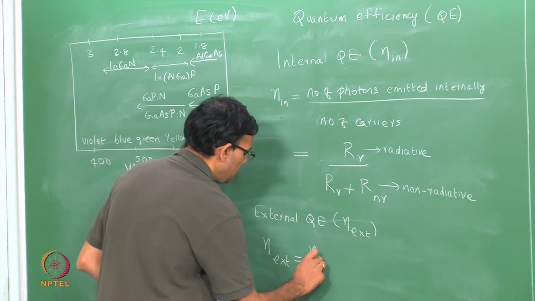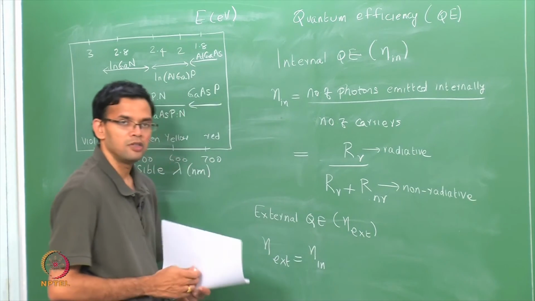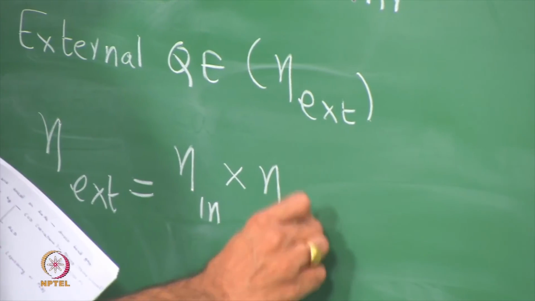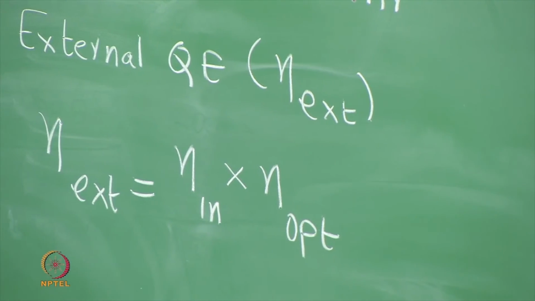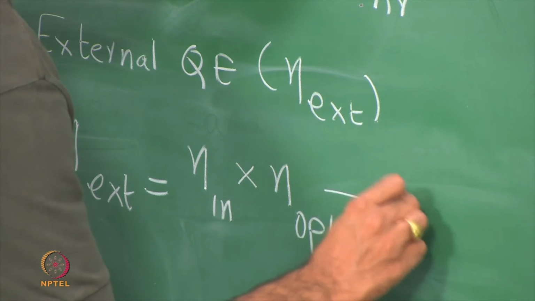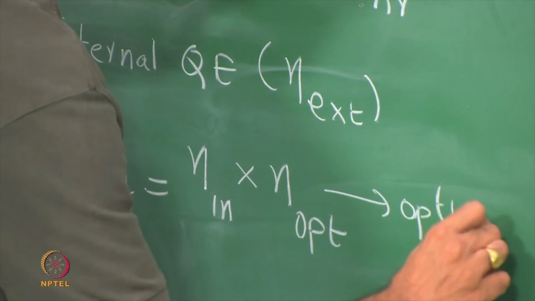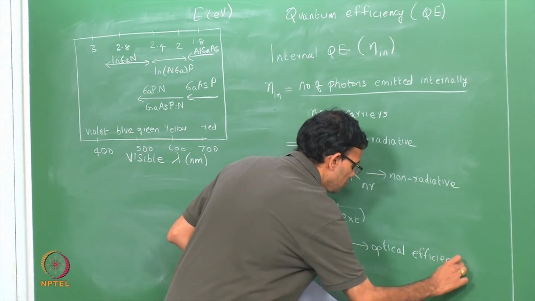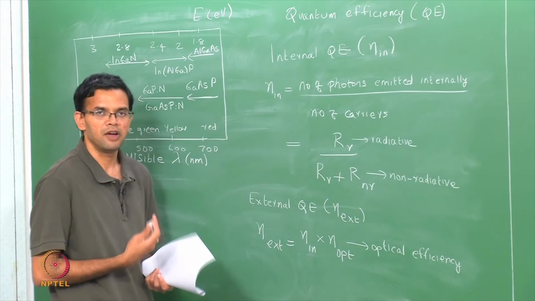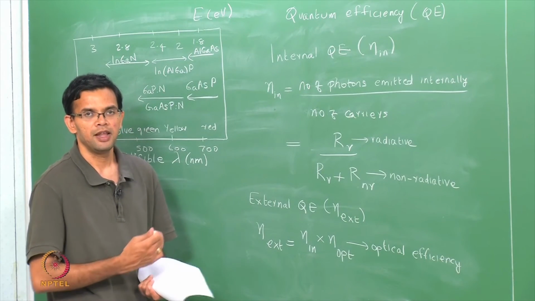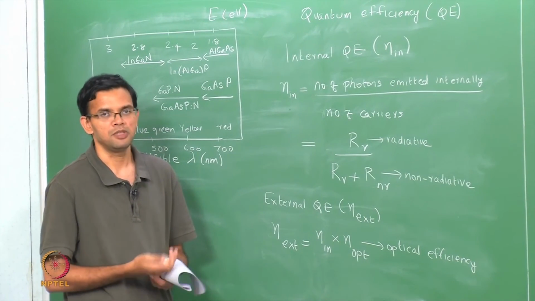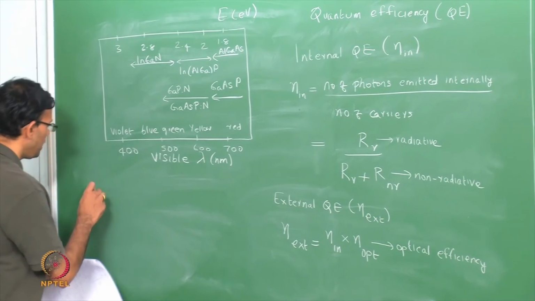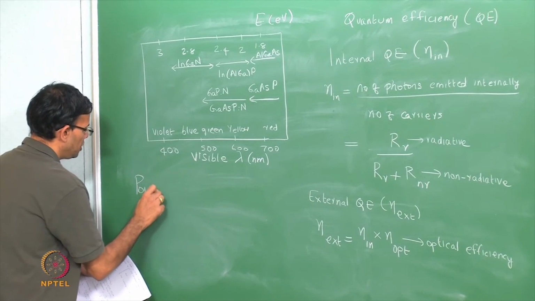So, eta external depends upon the internal quantum efficiency times the optical efficiency of the device. This is related to the device geometry, the reflectivity or the absorbance or the transmittance of the various layers, and so on. We also define something called a power efficiency.